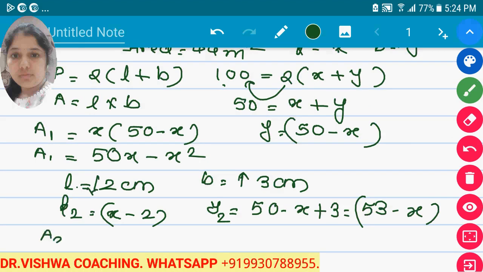Okay, now the area 2 will be x minus 2 multiplied by 53 minus x.